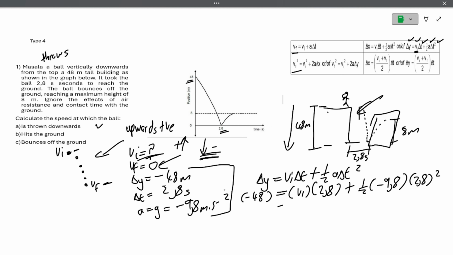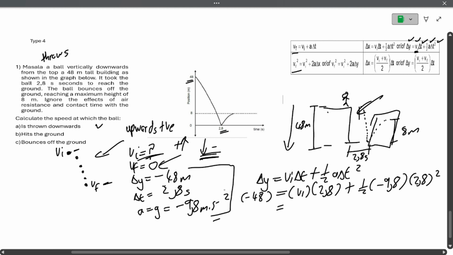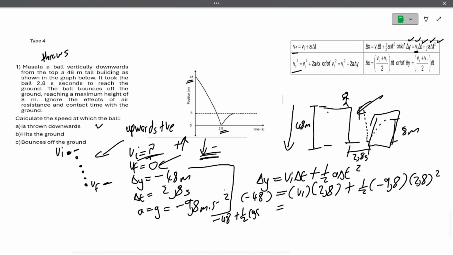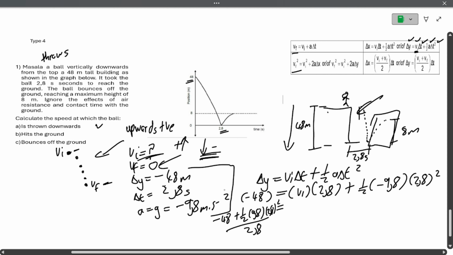Now we group like terms, and this is going to be negative 48, and this side is going to be positive half times 9.8 times 2.8 all squared, divided by 2.8.